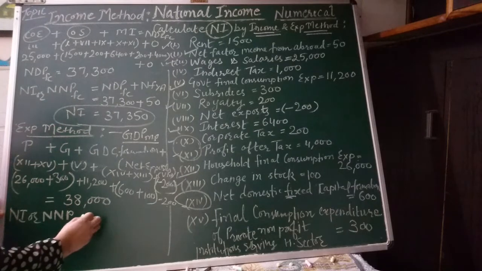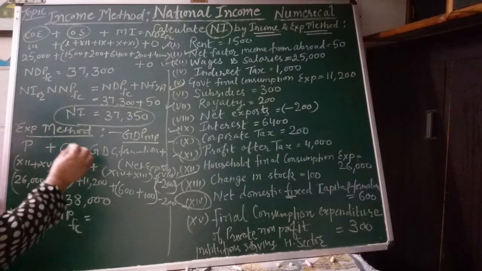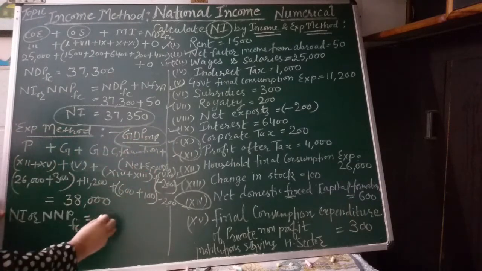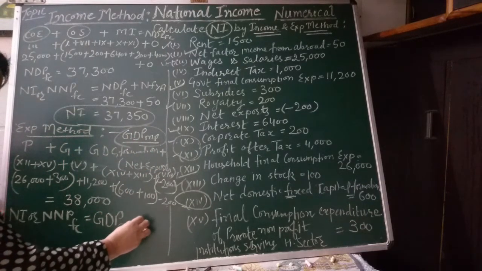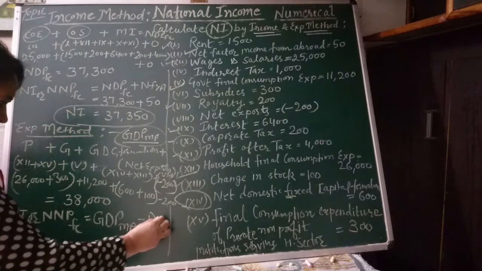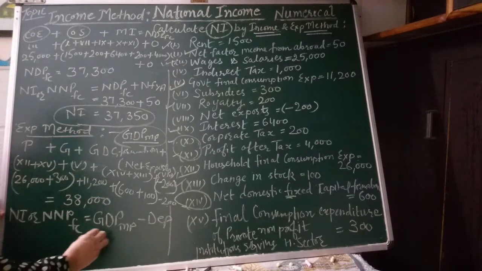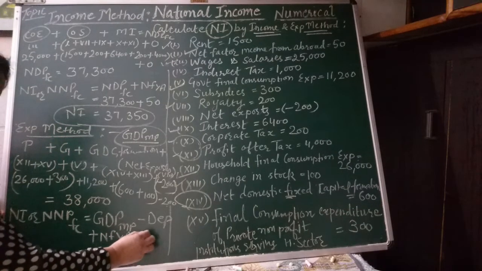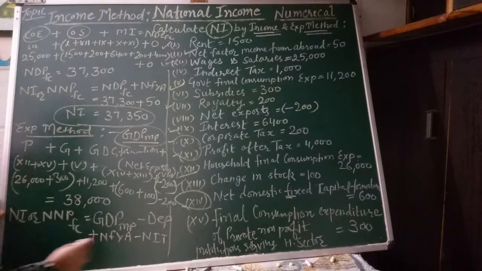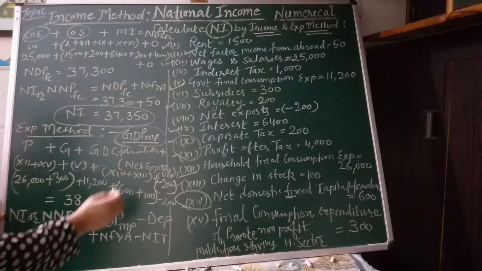For the calculation, NNP at FC is equal to GDP at MP, which we have just calculated, minus depreciation plus net factor income from abroad minus net indirect taxes.